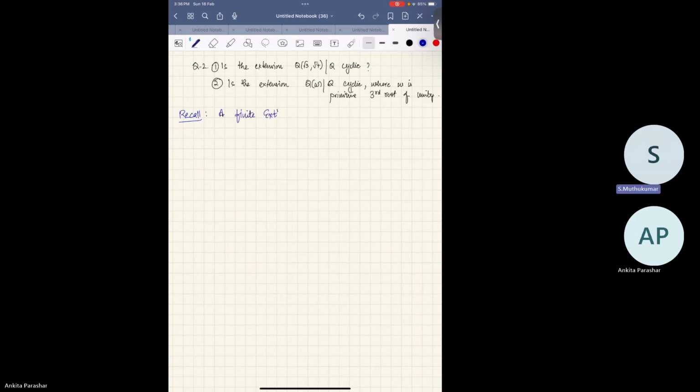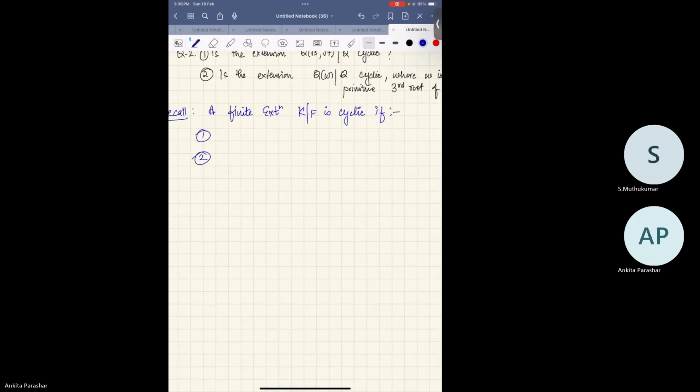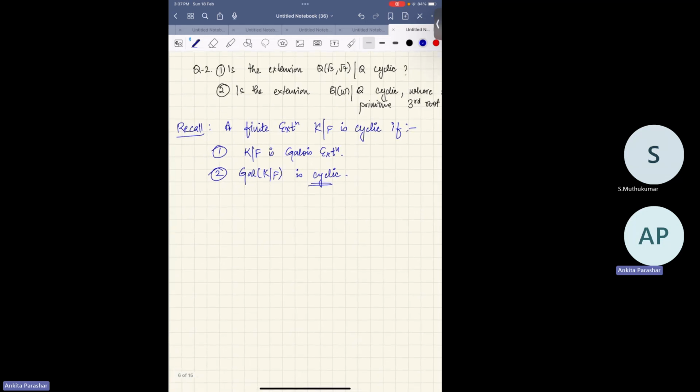A finite extension K over F is cyclic if K over F is Galois. Exactly, it has to be Galois first of all. And that Galois group is a cyclic group. If the Galois group is cyclic, then we say the extension is also cyclic. Very good. Now, can we say that the given first extension is cyclic?